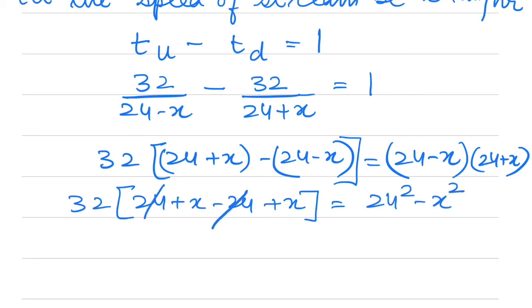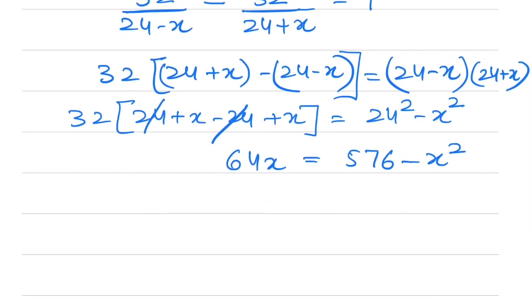This 24 and 24 get cancelled, so 32 into 2x, so 64x is equal to 576 minus x square. Bringing everything on the left hand side, we get x square plus 64x minus 576 is equal to 0.